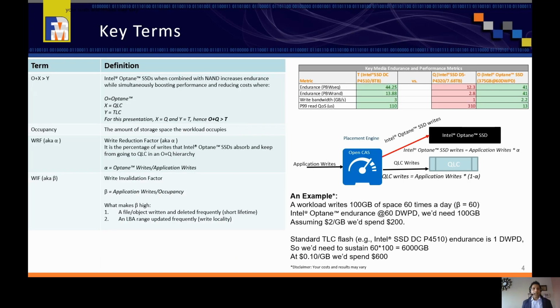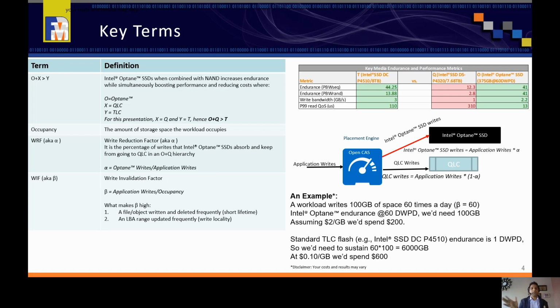On this slide, I want to clarify a few terms to give you some intuition about conditions under which a workload can benefit from Optane. The table on top right shows how the endurance and performance drop as we go from TLC media to QLC media. The endurance and performance of QLC drop about 3x. Optane with 5% capacity can provide the same endurance as TLC.